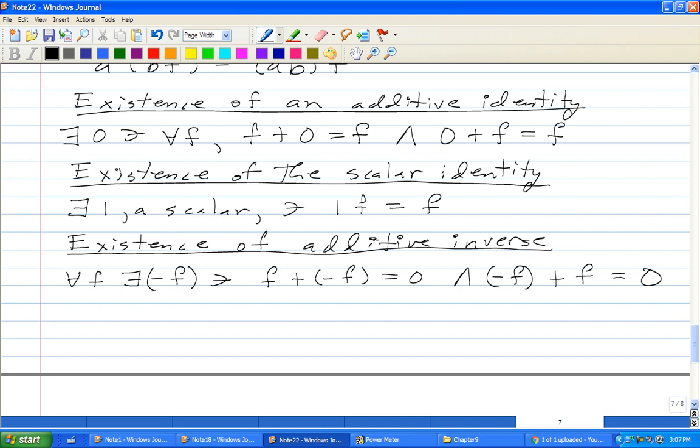Next, scalar multiplication distributes over addition.